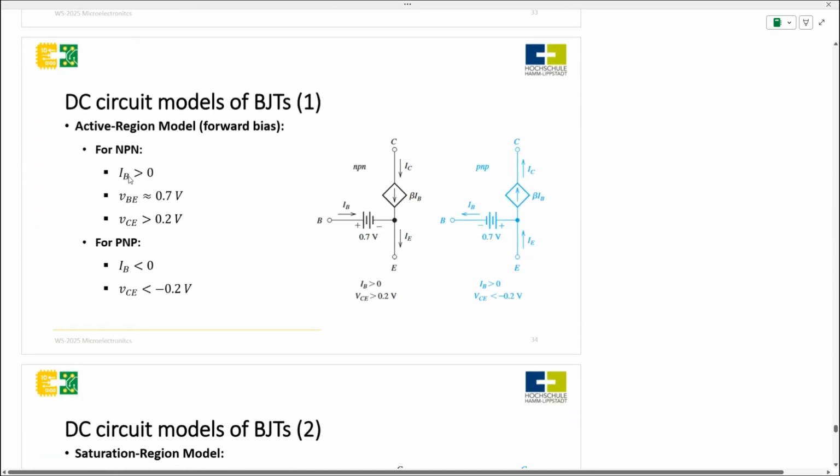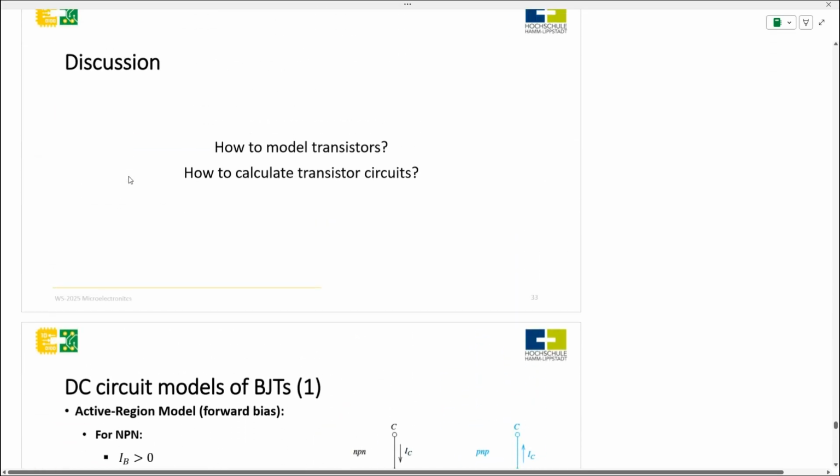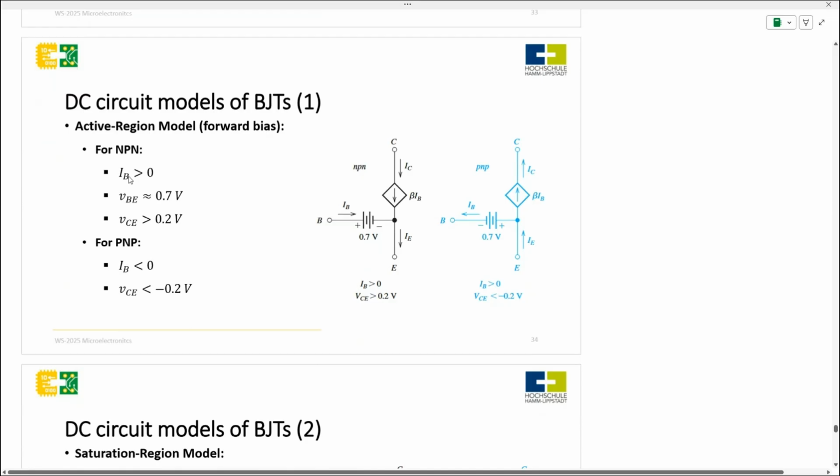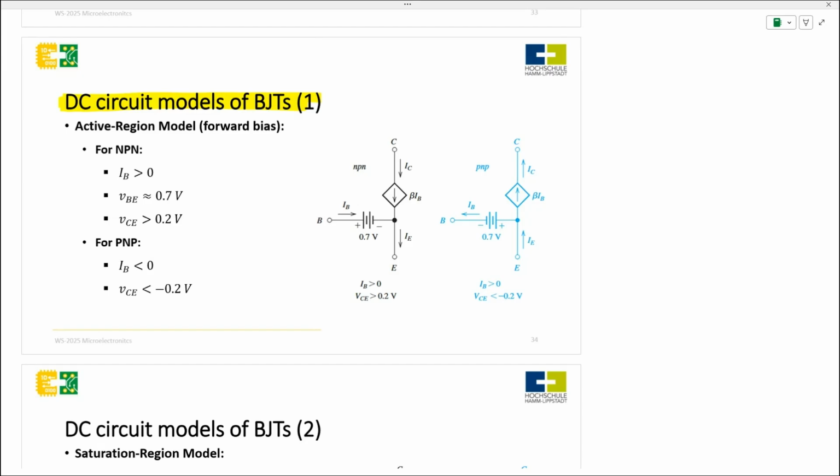The next part is how to model a transistor and how to calculate transistor circuits. So let's see what we have here. We are talking about the DC circuit models of the BJT. Okay, so we have our active region model, which is the forward bias.